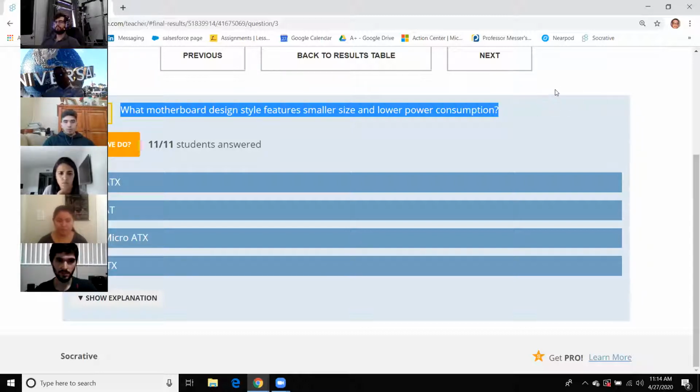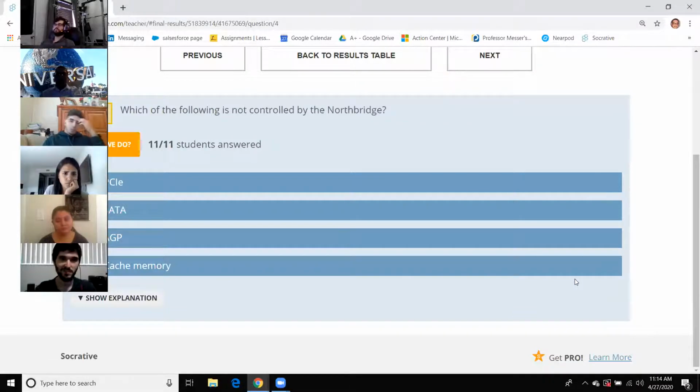No. Okay, knowing that it's not talking about a laptop, which of the three is smaller in size? We have ATX, AT, ITX. D, ITX. Yeah, it was ITX. That was a trick question there. They didn't specify a laptop. They said a motherboard design, whose feature is smaller size. At no point did they talk about a laptop, mainly mentioning a PC there.